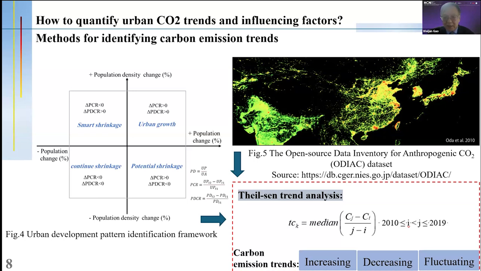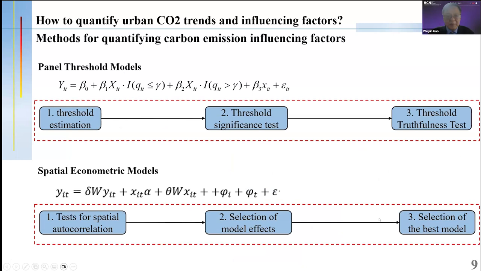Another is the second method, in this figure 5, an analysis chart of carbon emission using the Tapio decoupling coefficient. Classify the change of carbon emission into three types: increase, decrease, and fluctuation. And the third method is to analyze the influence factors of carbon emission using a panel threshold model.